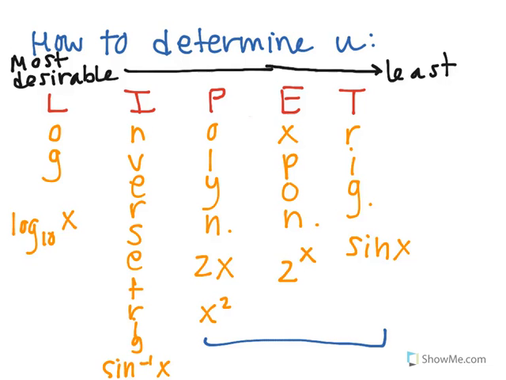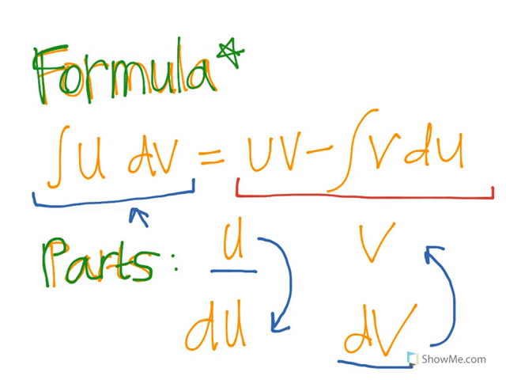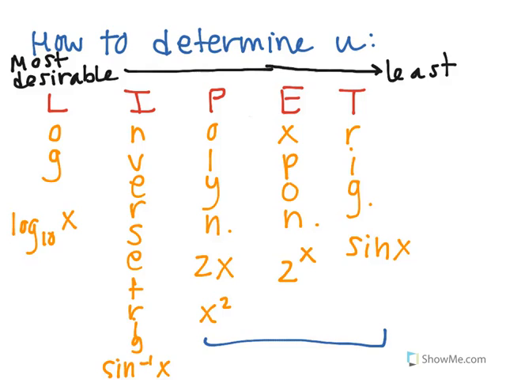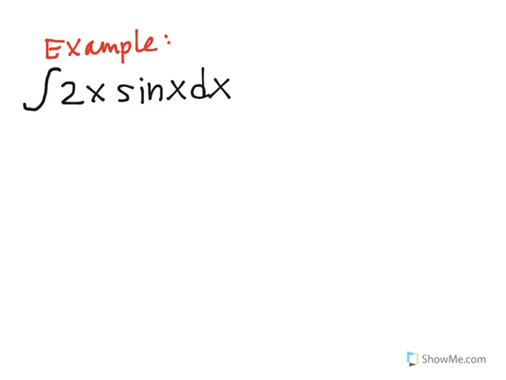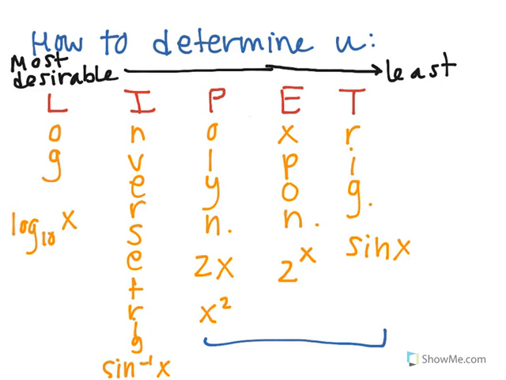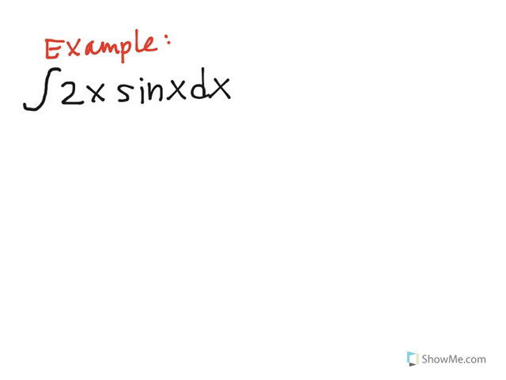If we go back to the formula, the two given parts are u and dv. So now we just have to determine what u is out of the 2x and the sine x, using LIPET.